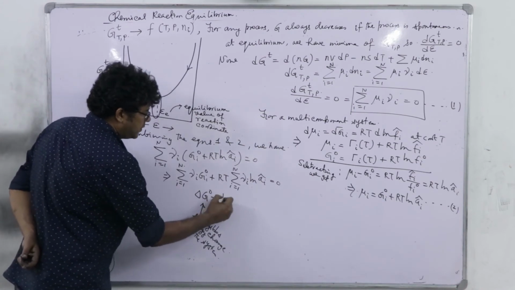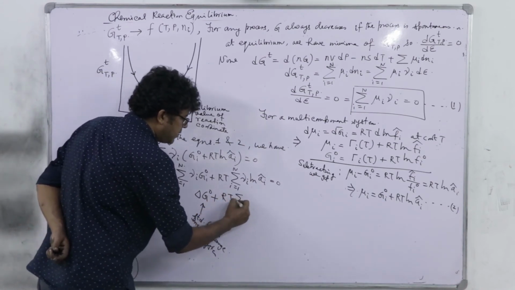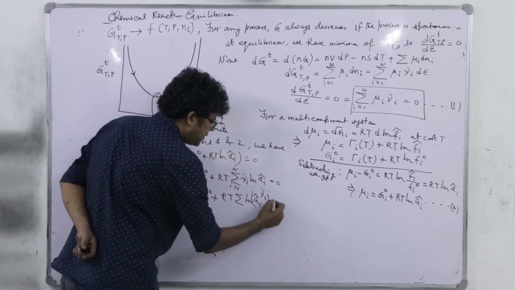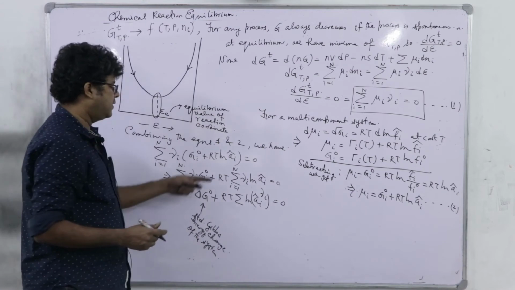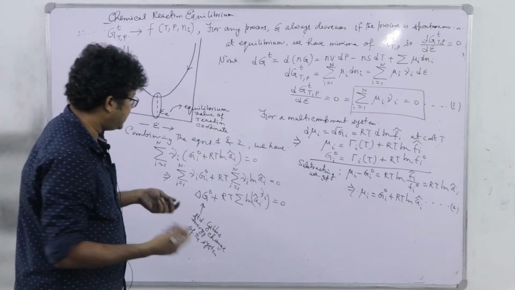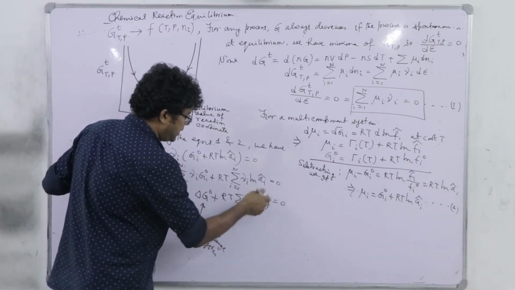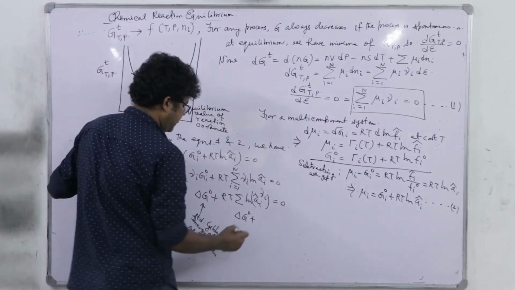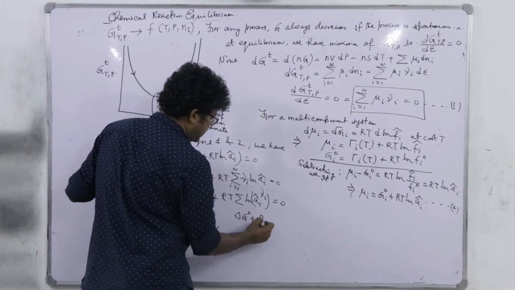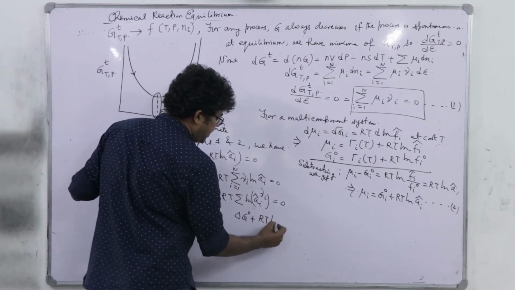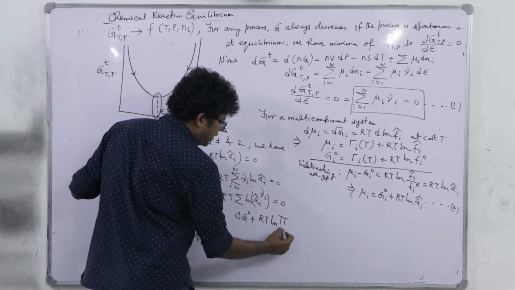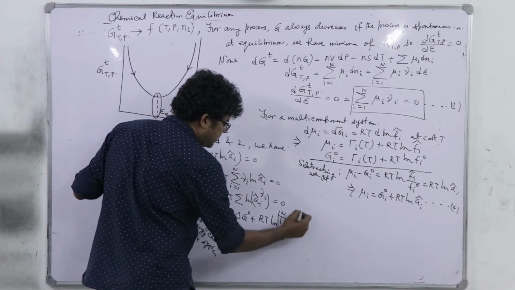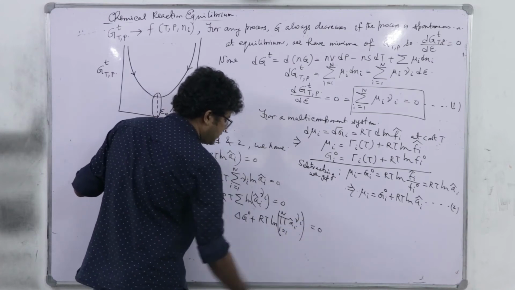Then plus, by using the property of log, we can write ln of ai cap to the power nu I, and that is equal to 0. Now see, summation of log we can write in a product form: RT ln of the successive product, I equal to 1 to N, of ai cap to the power nu I, that is equal to 0.